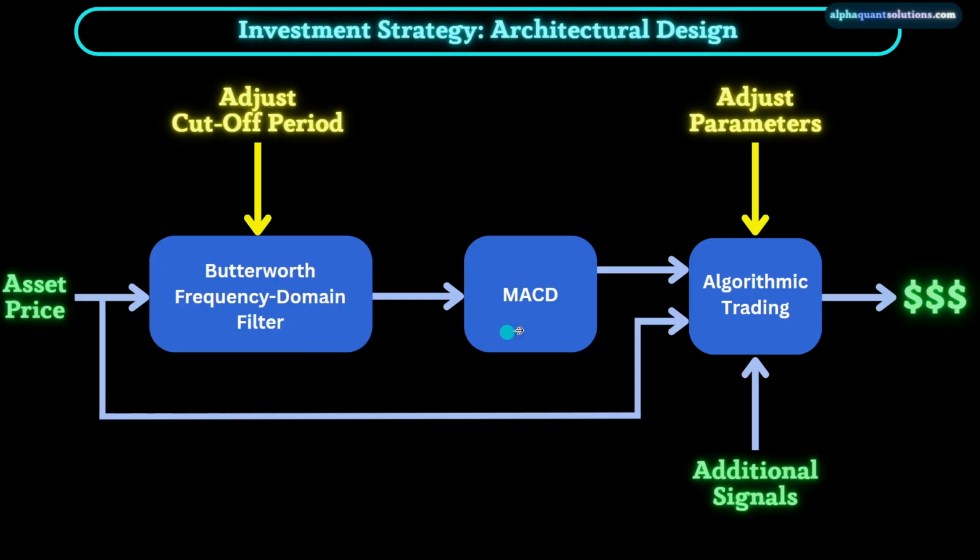Subsequently, this filtered signal is being processed, and here we derive the MACD signals of this filtered price. And then we use this filtered price plus the original unfiltered price plus some additional signals that we will show in an algorithmic trading framework that also has some additional parameters that you can adjust. And the result of all of this is a highly profitable trading strategy.